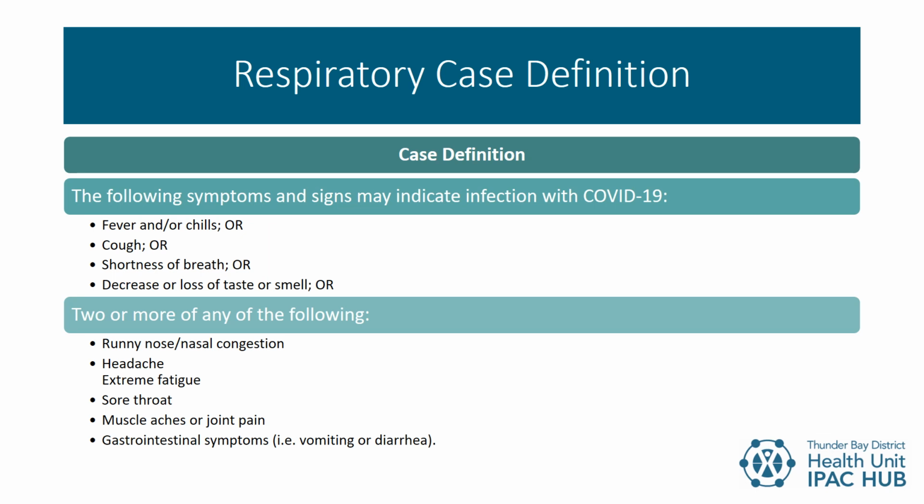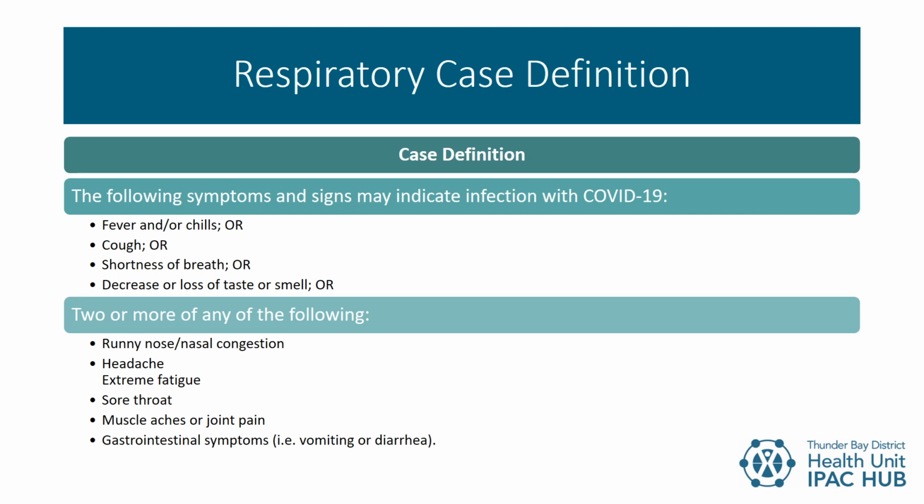When it comes to defining a COVID-19 case, there continues to be a case definition which helps to determine if there's a potential for COVID-19 to be at play. The definition includes one of the following symptoms being present: fever or chills, or cough, shortness of breath, or decreased or loss of taste or smell.